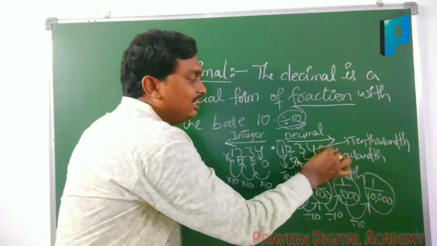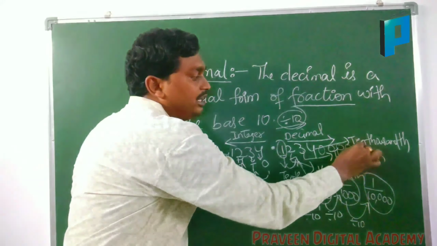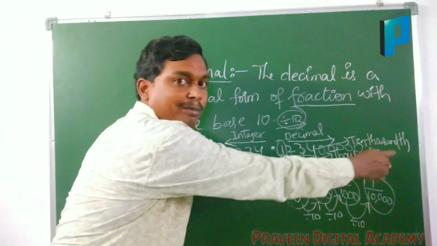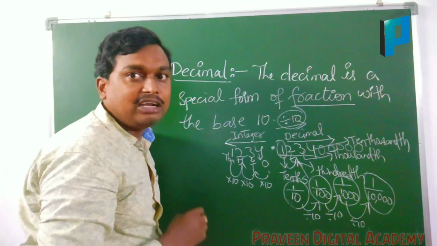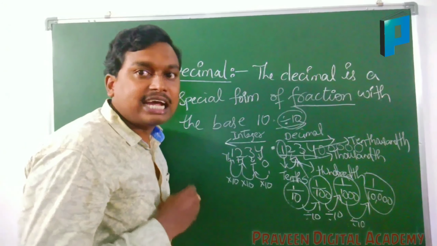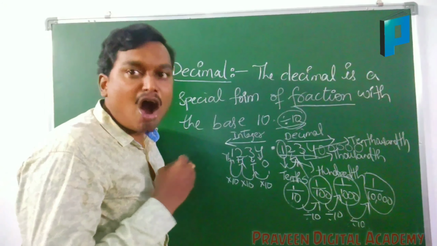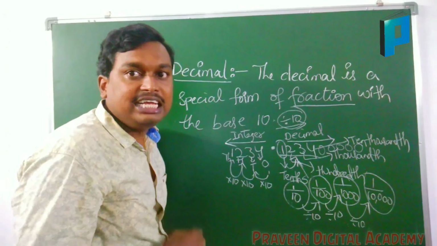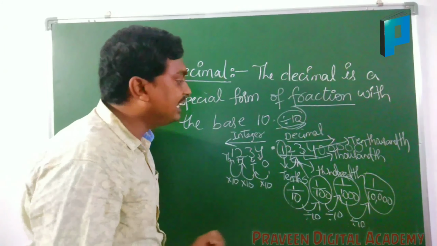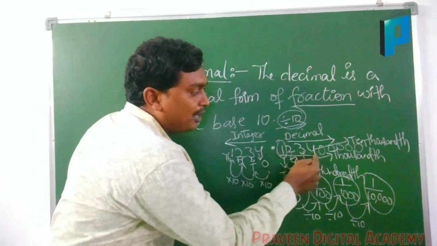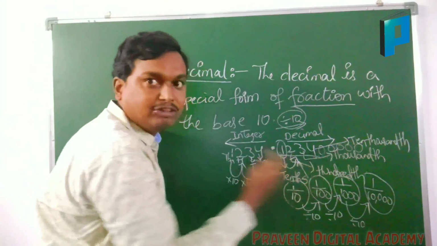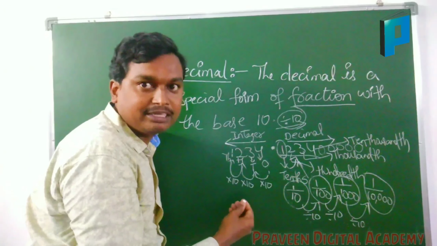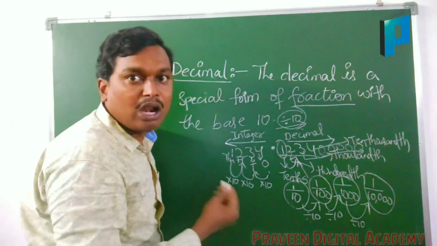If you have 0, 0, 0, 0, 0, like that, many zeros, we call it the succeeding position of a decimal place. Succeeding is nothing but after the numbers. After the numbers, all are 0.